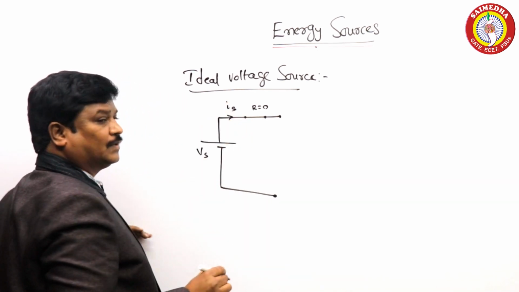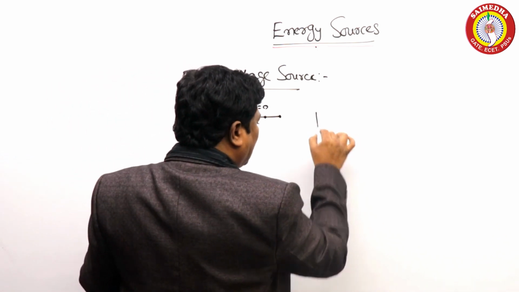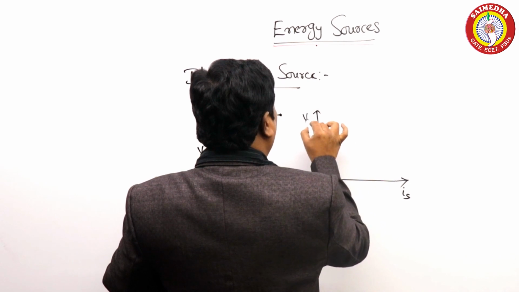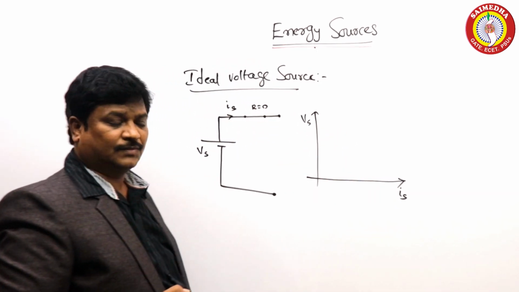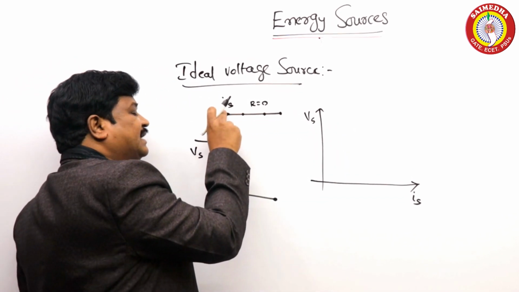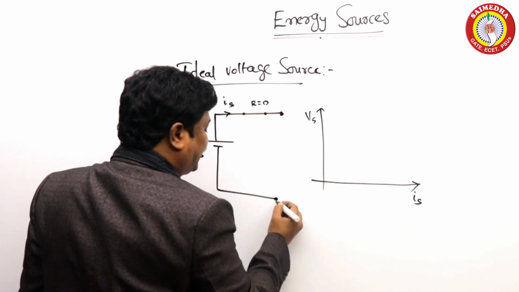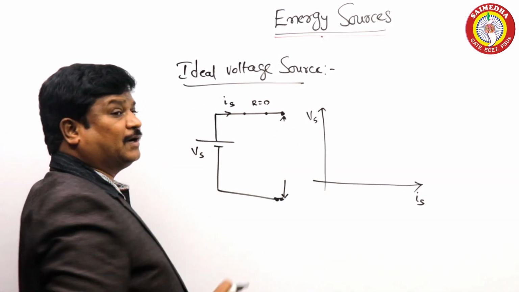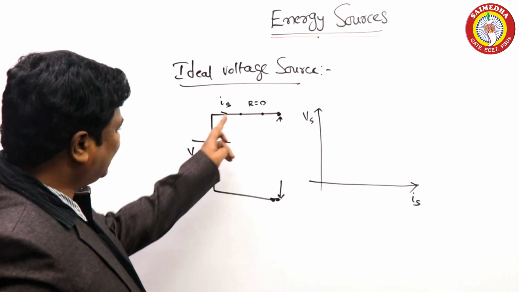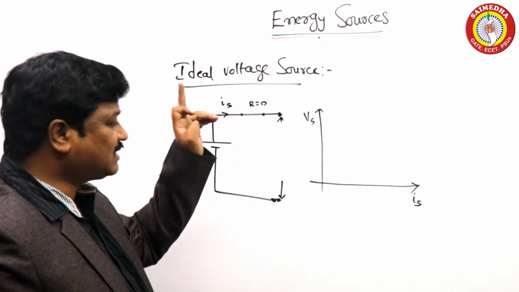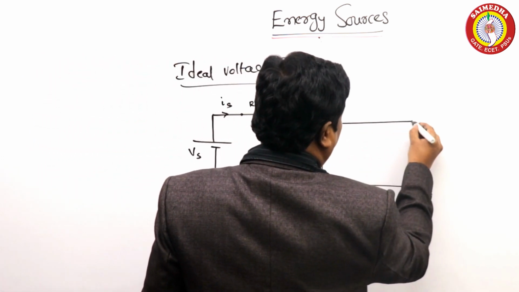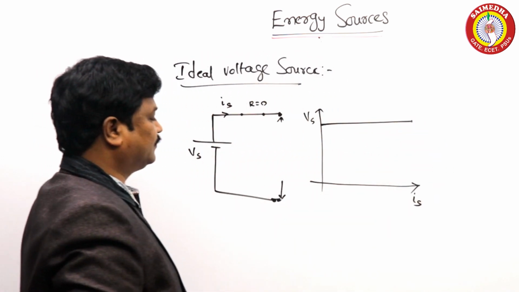If the current Is increases, what happens to Vs? What is the effect of the current change on the terminal voltage? There is no drop here. Hence the voltage always remains constant, like this.